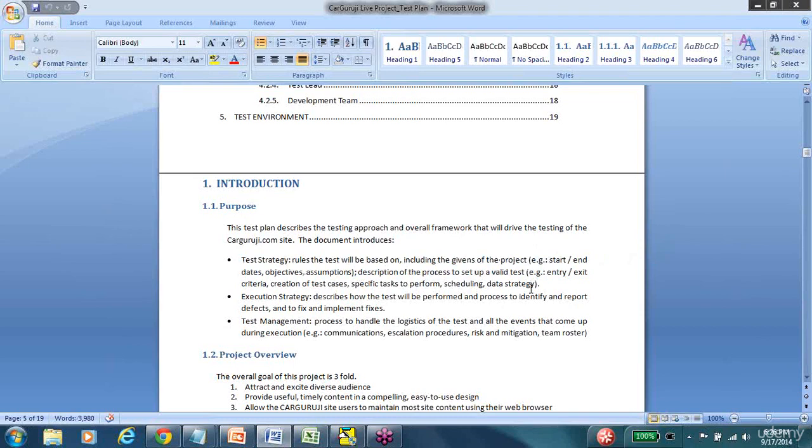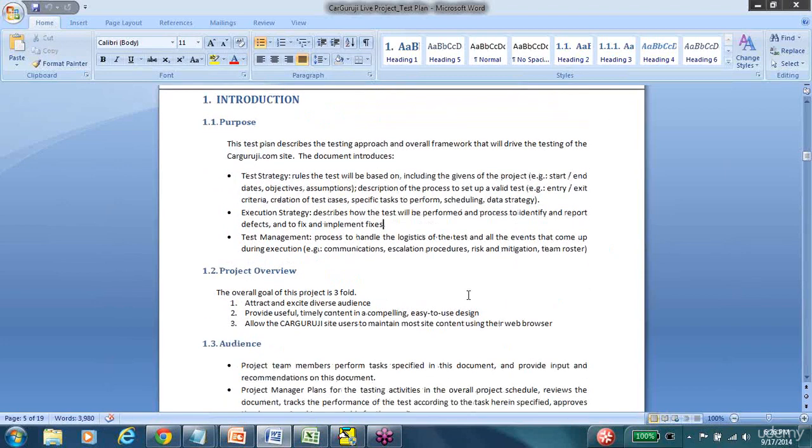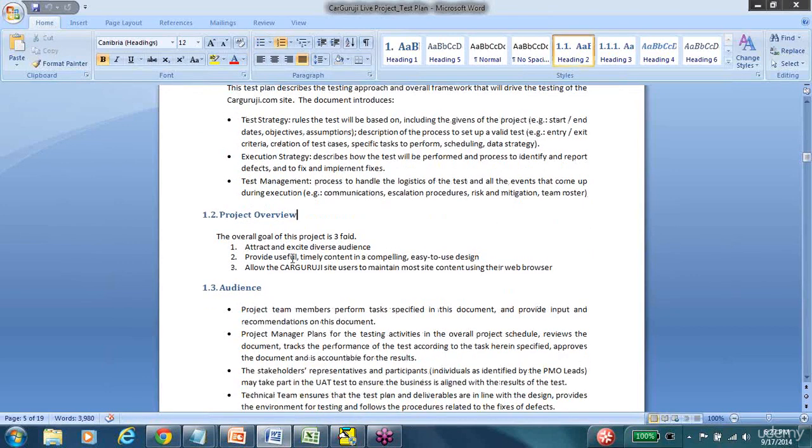How are we going to say when to start testing, when to stop testing, how are we going to create test cases, how specific tasks are going to be performed, all of that information you'll find in your test strategy. Now execution strategy is how you are going to execute your tests, how you find defects, and if you find defects what you do with them. And then management, like communications, escalations, risk, roster, all of that will be your test management process.